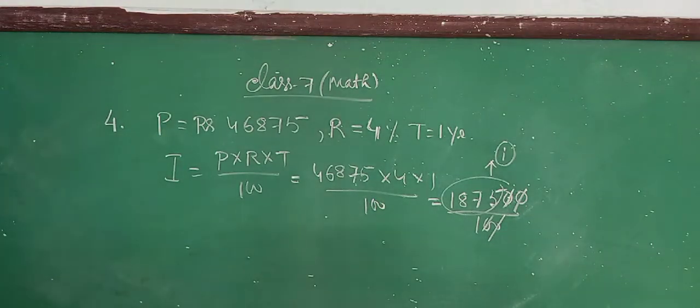Now the question asks: the amount standing to his credit at the end of the second year. Whatever amount will be credited. In the first part we completed 1875; keep it in mind, and the previous amount is 46875.